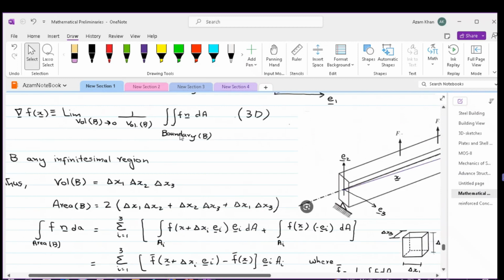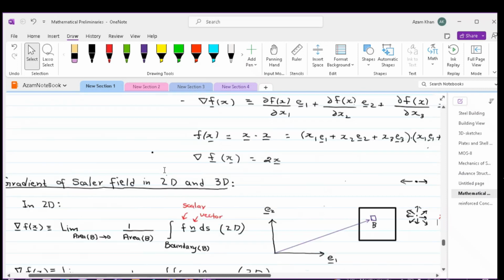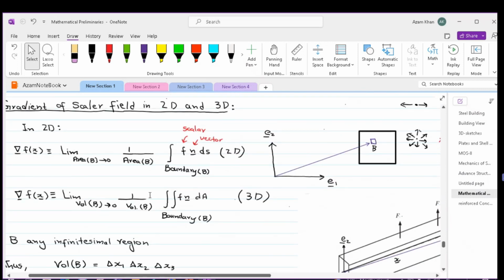This gives us the volume because we have integrated our f times n about the whole box. So we need to divide that by the volume, and after that we take a limit and make the volume tend to 0. As we can see, there is a clear analogy between the 2D and 3D setting and the single variable definition of differentiation.